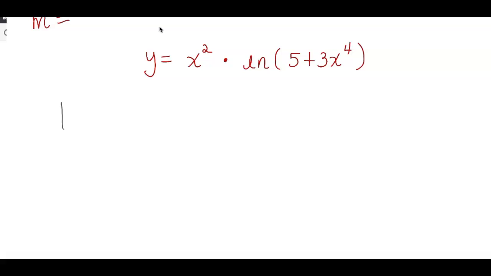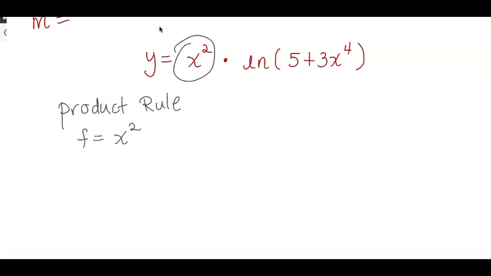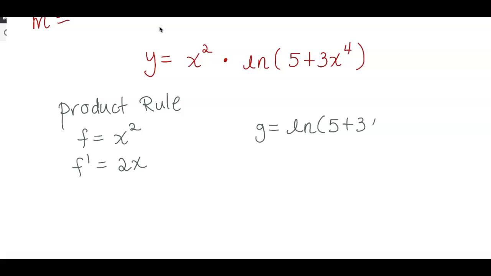Product rule where f is x squared, the first, and f prime is 2x, and g is natural log of 5 plus 3x to the fourth. Now we have to take the derivative of that.